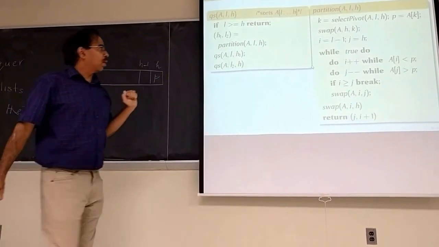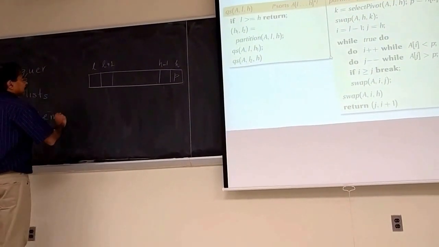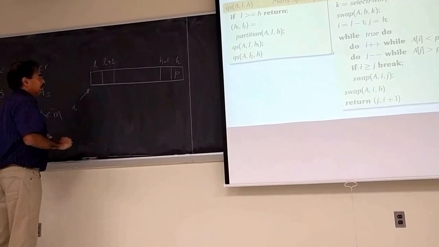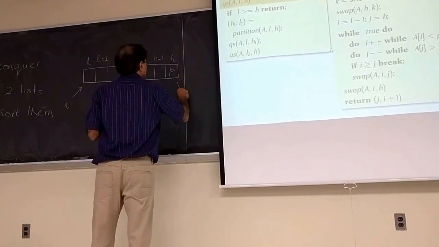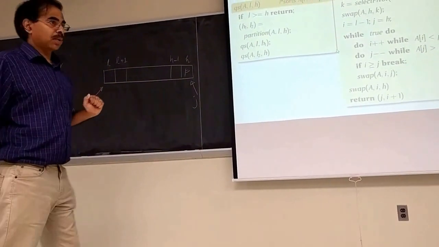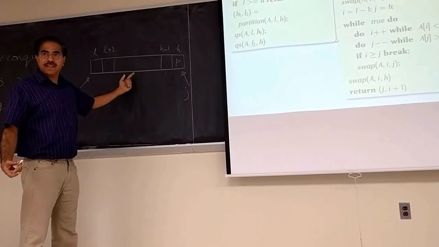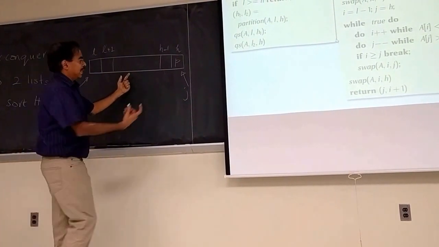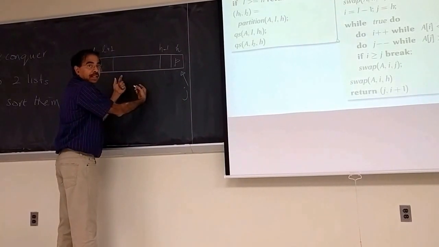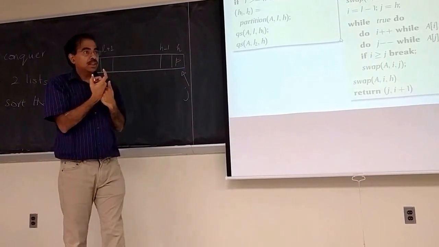Okay? So now we are going to have 2 pointers, I and J. This pointer I is going to go left to right, and this pointer J is going to go from right to left, and they will meet in the middle, and that's where the partition is formed.